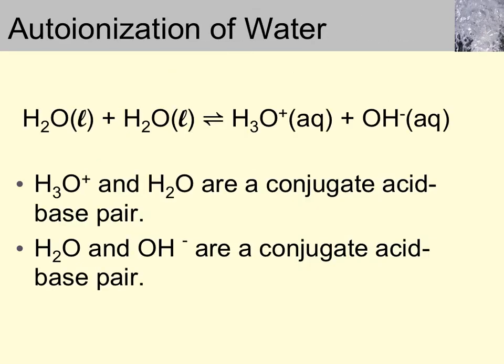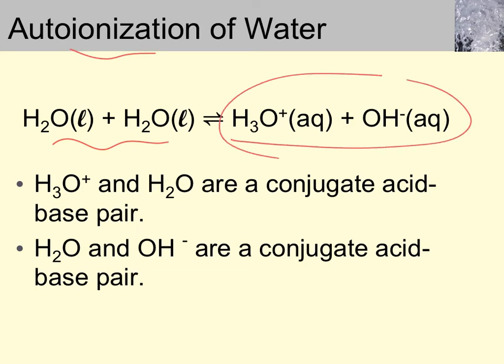Now that leads us into the last part of this lecture, which is teaching you how to calculate pH and pOH. So it's important to understand where the concept of pH comes from. It turns out that pure water does something we call auto-ionize. In any neutral water solution, there is a very small amount of ions present, hydronium ions and hydroxide ions.